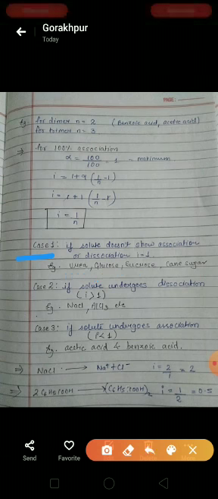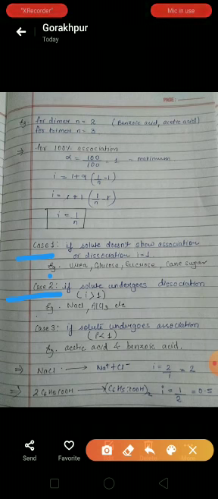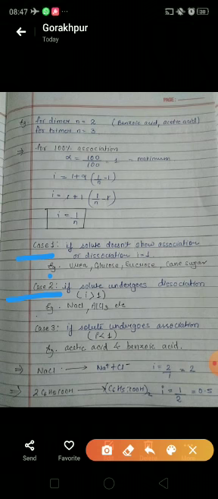The second case arises if solute undergoes dissociation. You have seen during dissociation what happens. One particle dissociates into 2, it may dissociate into 3, 4, depending on the example.